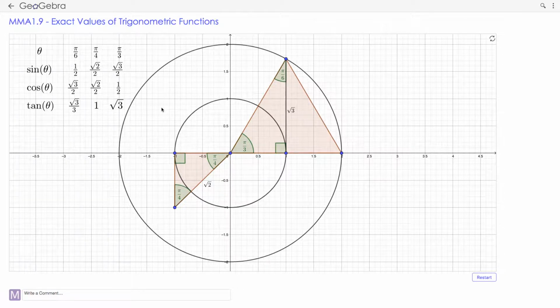For some specific choices of the angle, namely pi fourth, that corresponds to what we in daily life call 45 degrees, pi sixth, which is 30 degrees, or pi third, which is 60 degrees, you can write the value of sine, cosine, and tangent very exactly in mathematical terms. So how do we do that, and how is it derived?